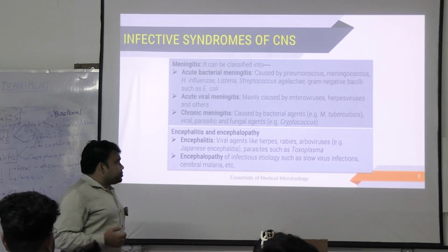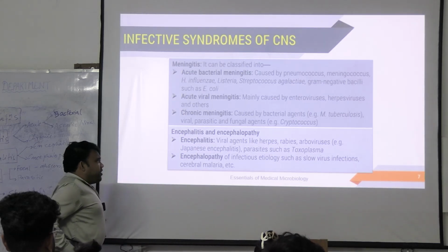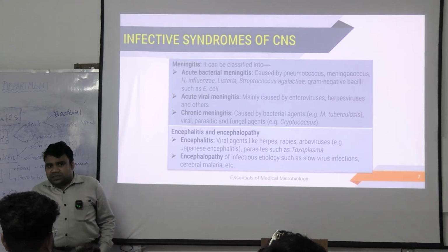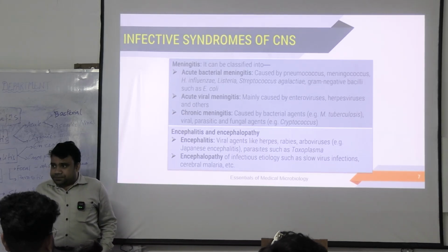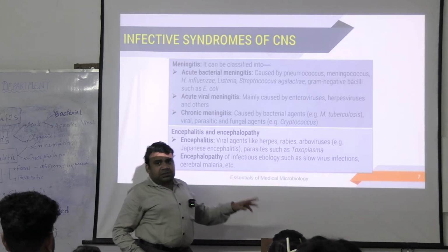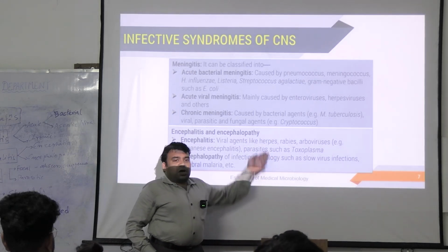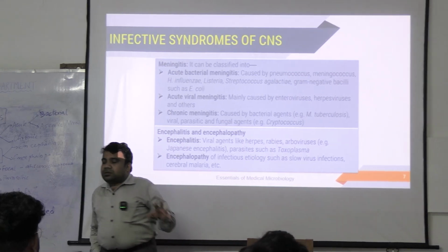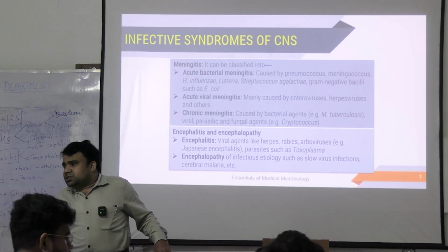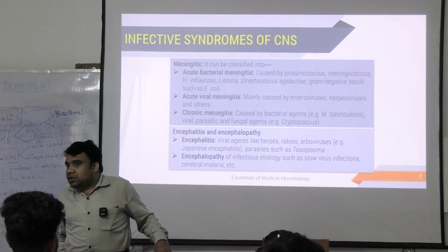commonly neoformans. Now, coming to encephalitis or encephalopathy, as I have already said, encephalitis means there is a direct inflammation. This can be seen with agents, most commonly viruses, which include herpes viruses, both herpes simplex and cytomegaloviruses. These can cause encephalitis.